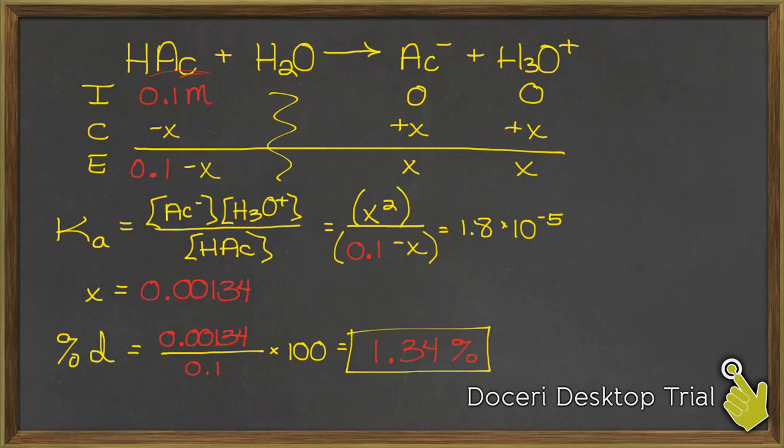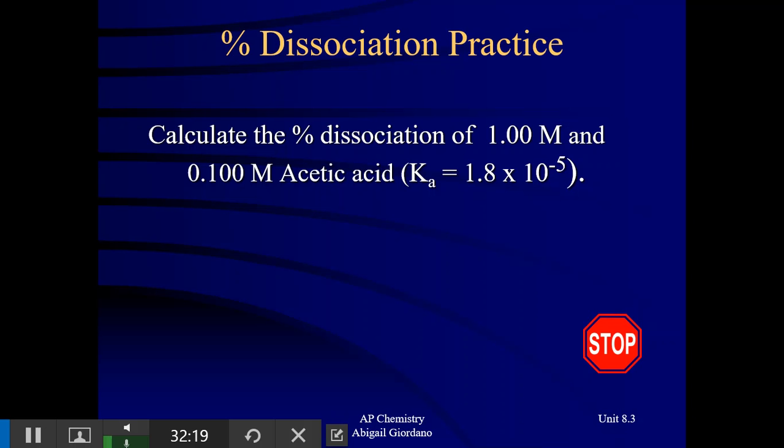And that seems kind of backwards, right? You'd think if the acid was more dilute, it wouldn't dissociate as much, but it just does. And I wanted to prove that to you with some numbers. I didn't want to just say that statement without having numbers in front of us to back it up, because I know that seems a little bit counterintuitive.